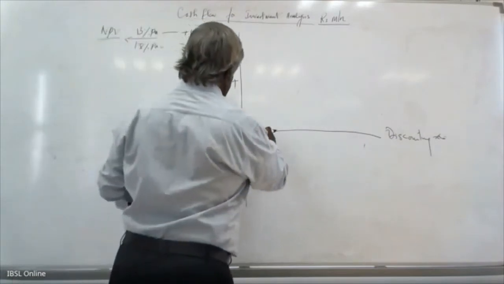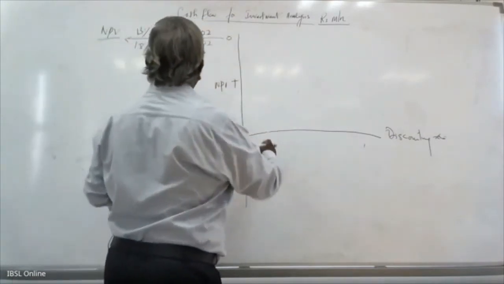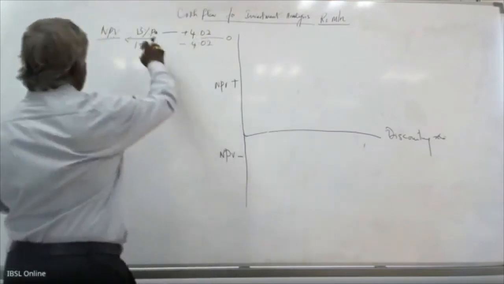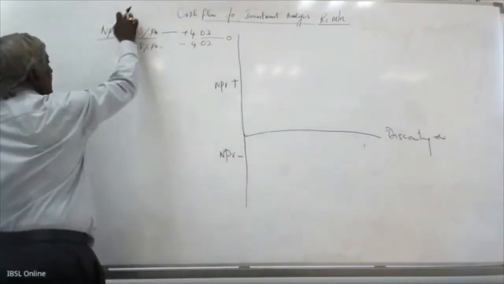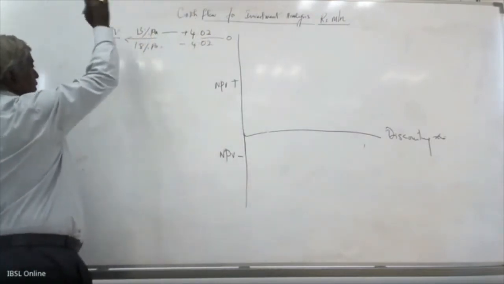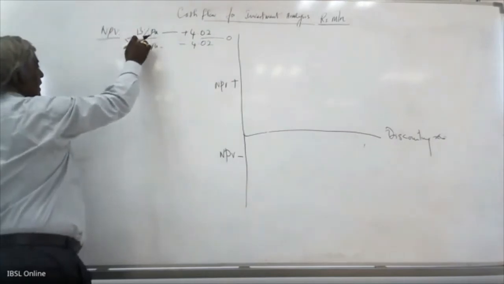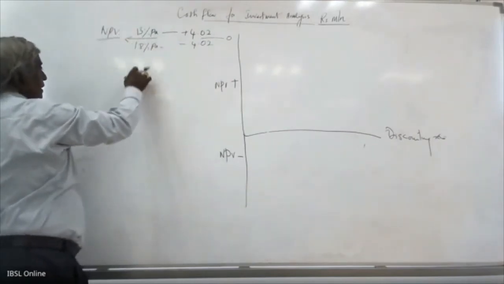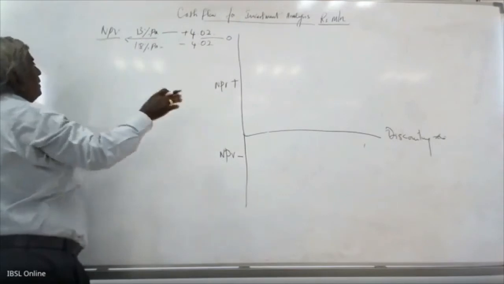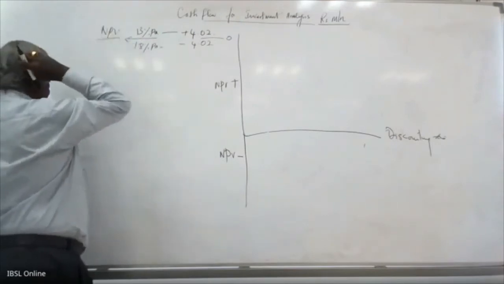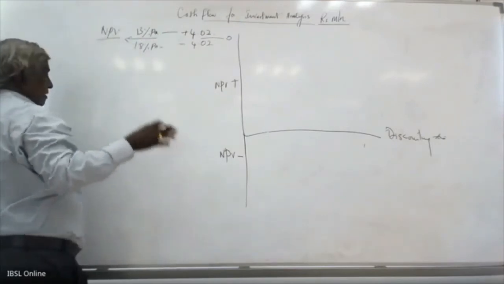When the discounting rate is low, the NPV will increase. When the discounting rate goes higher and higher, the NPV will go negative.